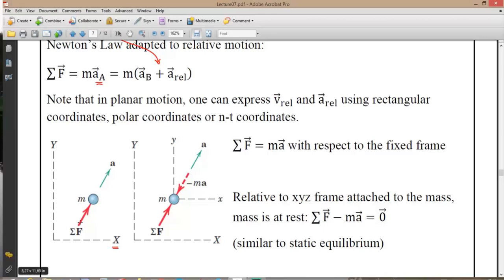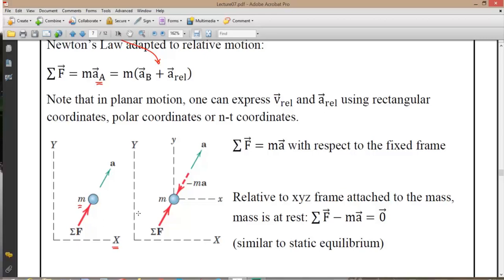If there's this resultant force acting on the particle denoted with the red arrow here, then the acceleration of the particle should be in the same direction, and then these are going to be related to each other by this mass. Okay, so this is pretty simple.